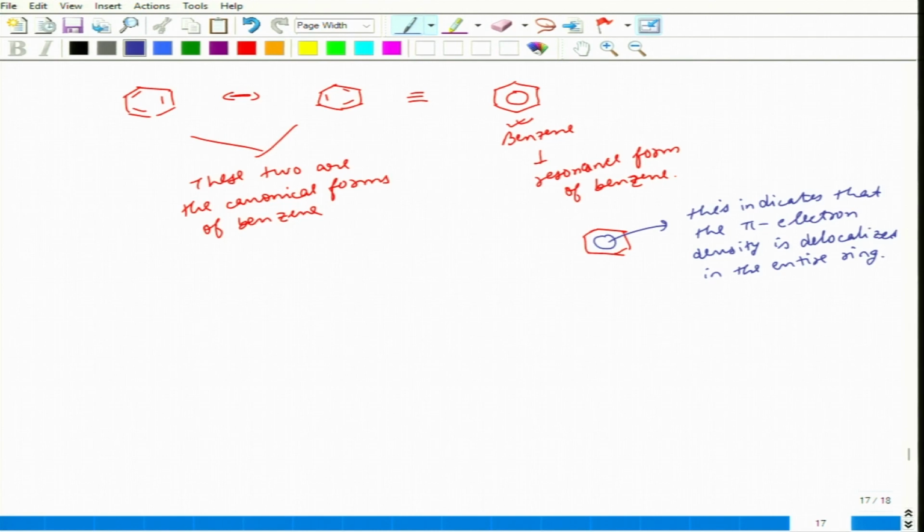What this circle indicates in the resonant form is that the pi electron density, which I have shown by the double bonds, is resonating over the entire ring, and this entire ring conjugation can be shown by a circle in the ring.